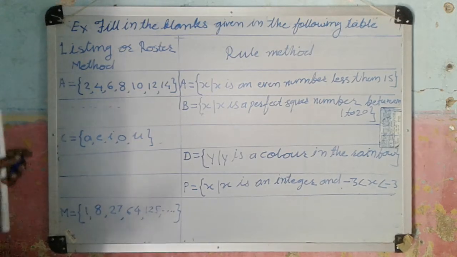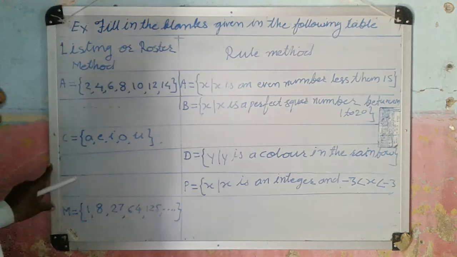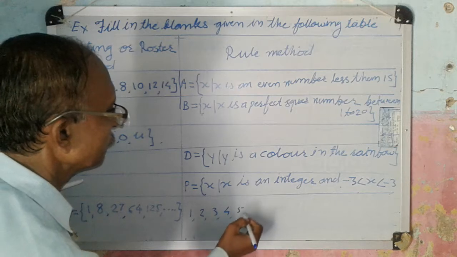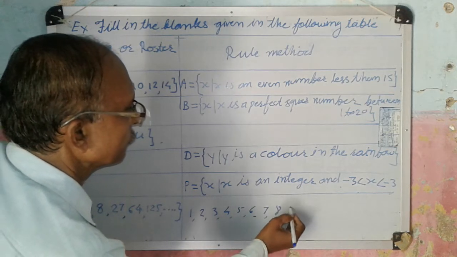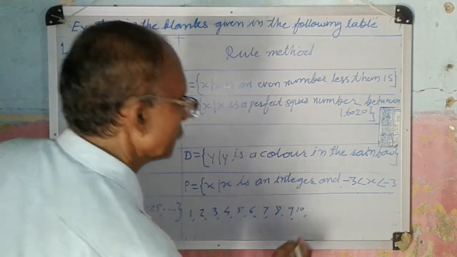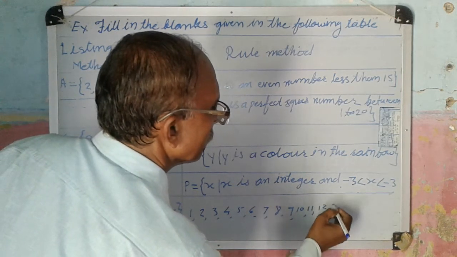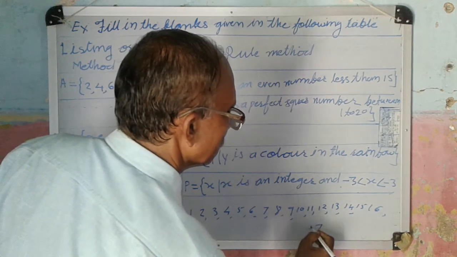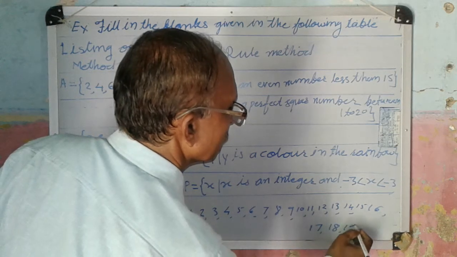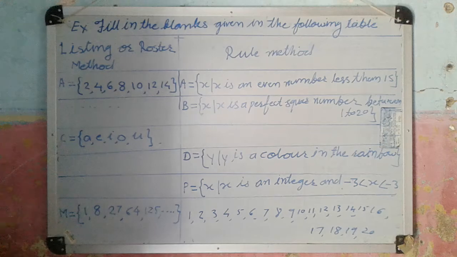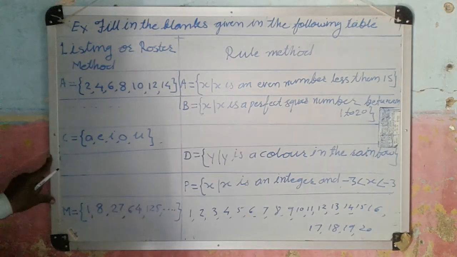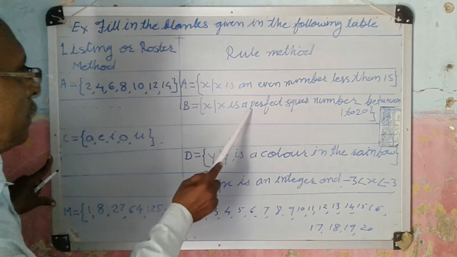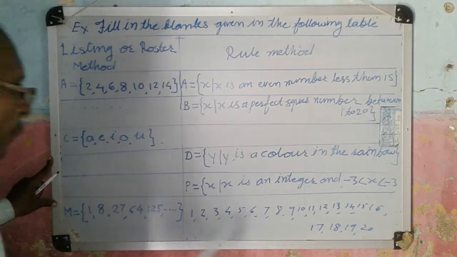So if you consider numbers from 1 to 20, you have to write only numbers which are perfect square numbers from 1 to 20.